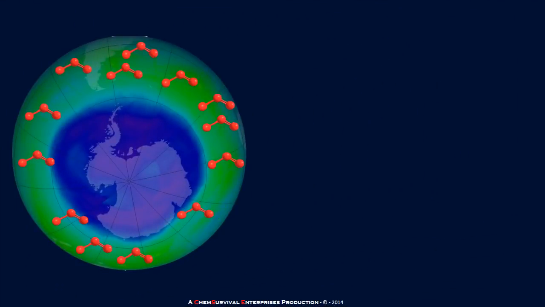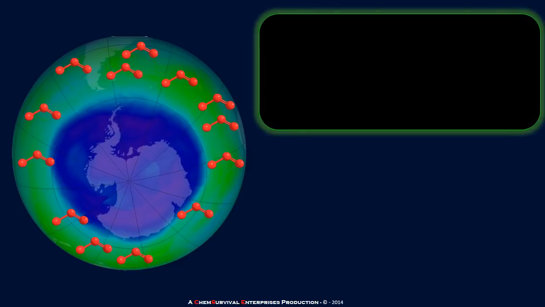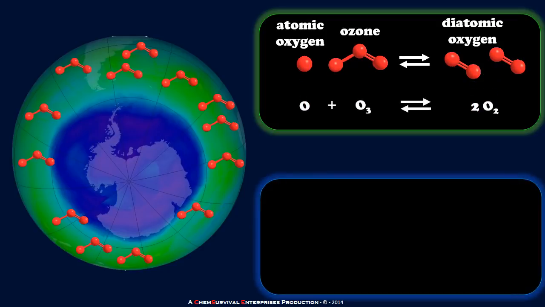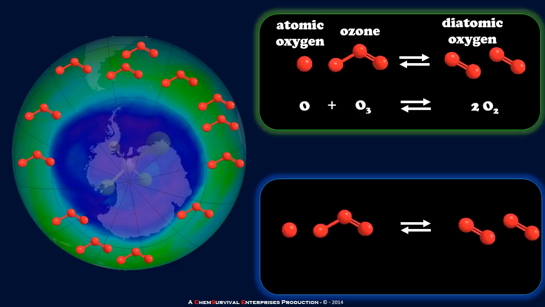Now, the problem that comes with the use of chlorofluorocarbons is that as they reach the upper atmosphere, they change that equilibrium in a way that doesn't suit us very well. So, the normal healthy equilibrium involves atomic oxygen and ozone in equilibrium with diatomic oxygen in a reaction with this kind of stoichiometry. O plus O3 goes to 2O2 and back again. But what happens in the upper atmosphere? When we allow something like, in this case, Freon 12 here, to reach this ozone hole, which I've shown here in this NASA photograph, showing it over the South Pole.